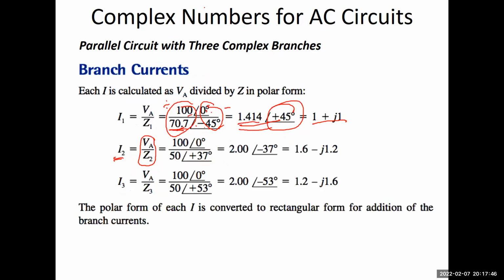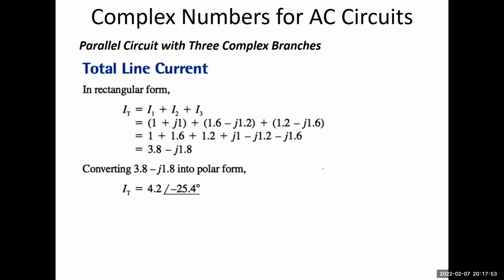Since we have converted these to rectangular form, when we get the total, we could just combine all the real terms and the J terms.